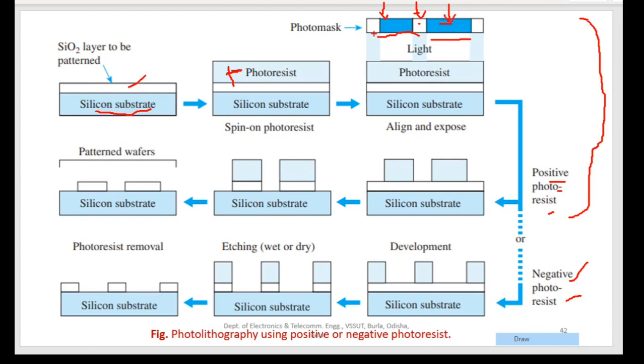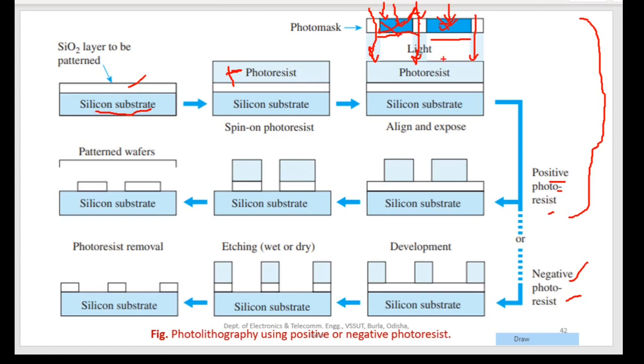Now since these are transparent areas, light can pass through these transparent areas and will reach the top of the photoresist material. But from the areas which are opaque, the light will not pass, it will just get blocked. It will not be able to reach the photoresist in those regions, right?